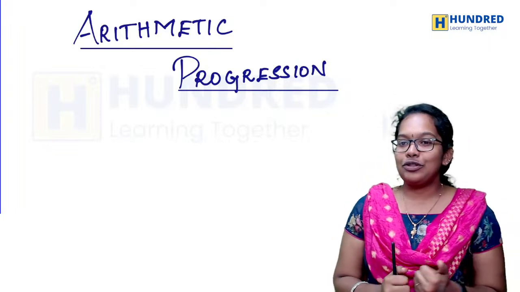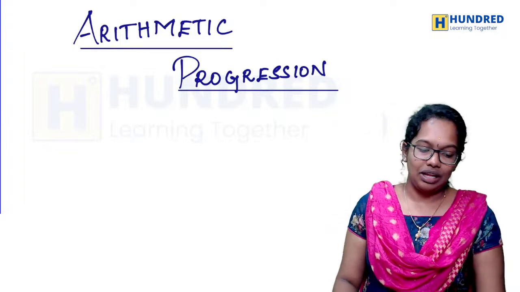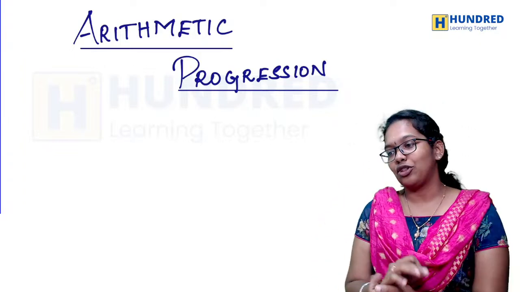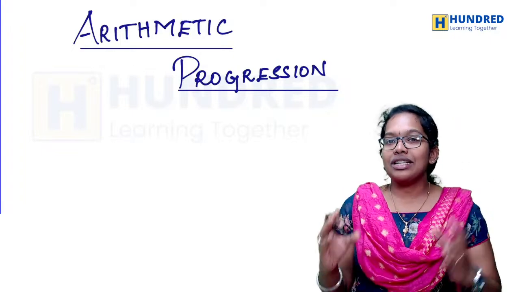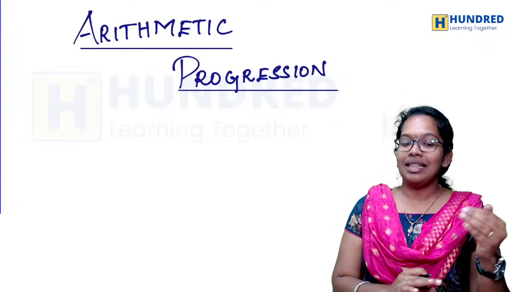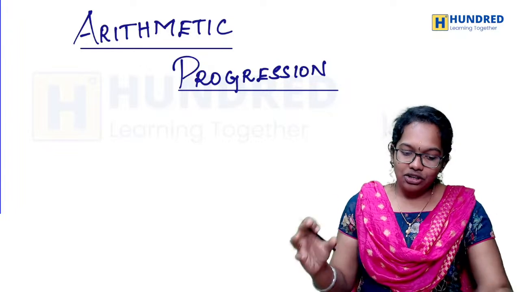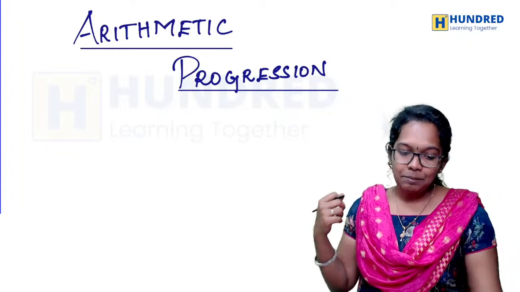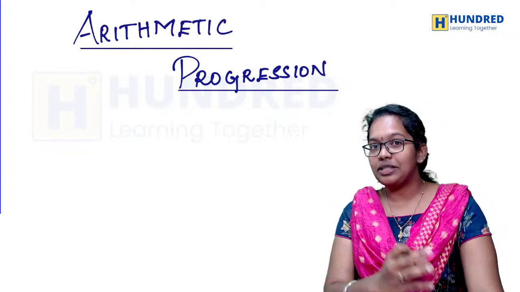Okay, so today in this arithmetic progression chapter, let's see what we have already seen. A sequence we will call a progression when there is some definite order, when there exists some common difference between the terms.